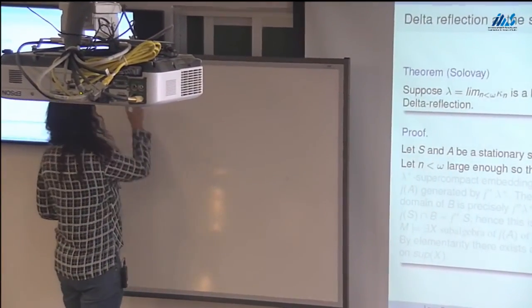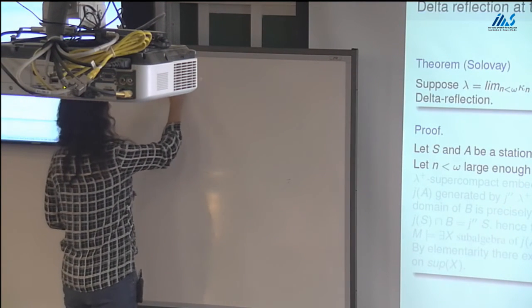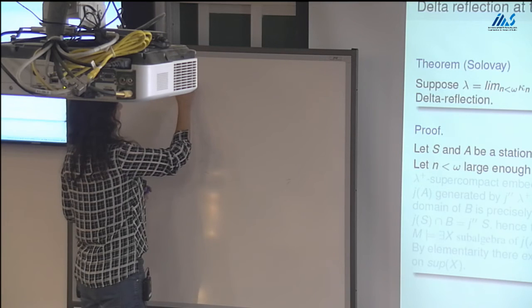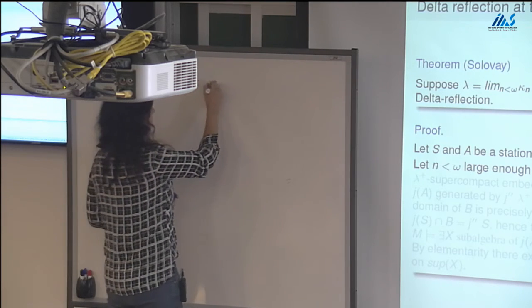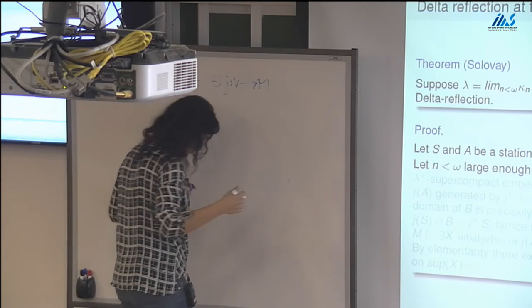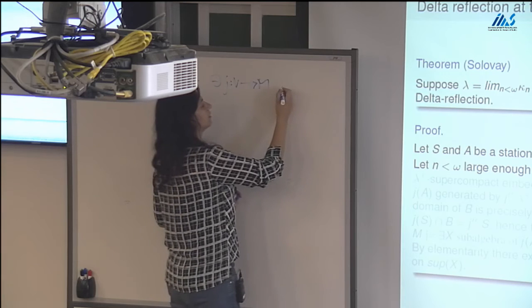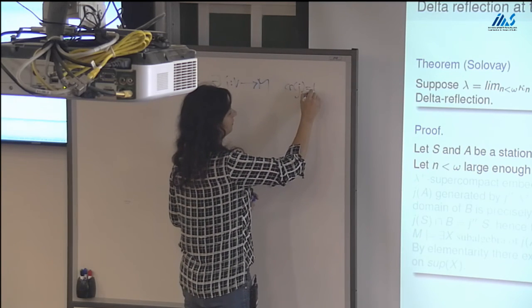So kappa is supercompact if for every gamma, there exists an elementary embedding j of V into some M, such that the critical point of the embedding is kappa.